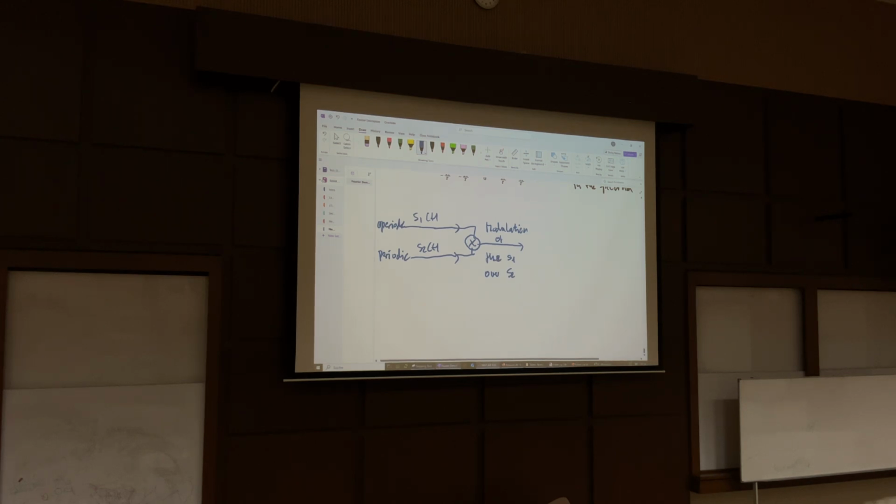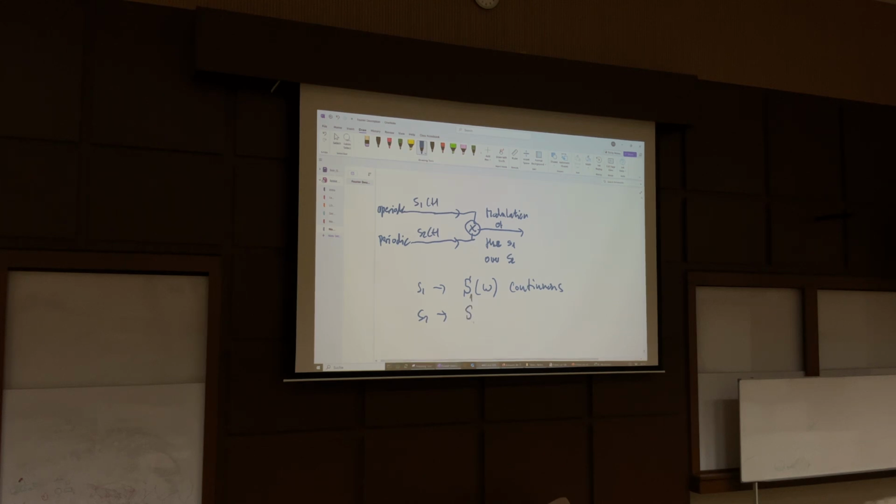You make a modulation. And the spectrum here, you see that is S1 has a continuous spectrum, omega is continuous, and the S2 of omega is discrete.